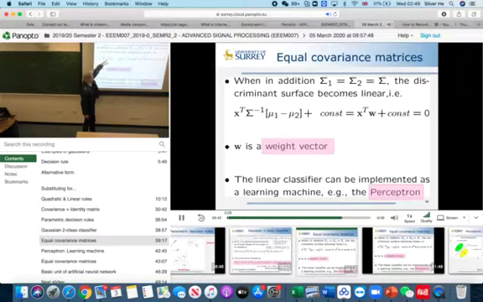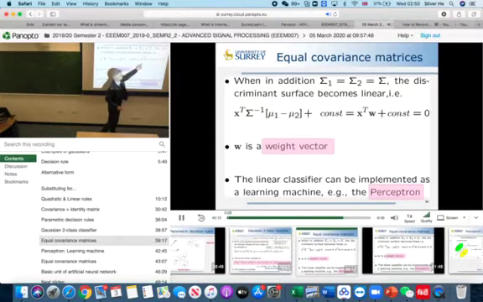And so that is this: we've got a vector w here, multiplied by the difference of the two means, added to a constant that is our threshold value that we had before. We can pack this into this vector W. So this is X transpose W or W transpose X, whichever way around you want to put it.